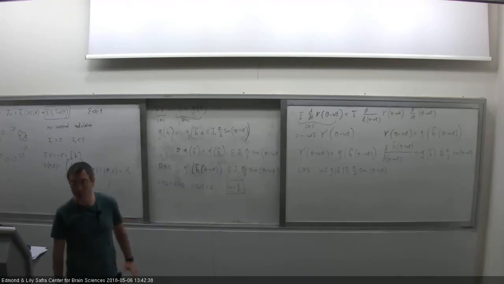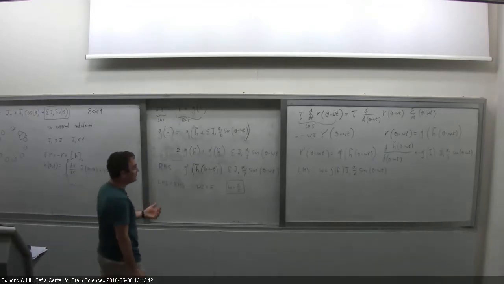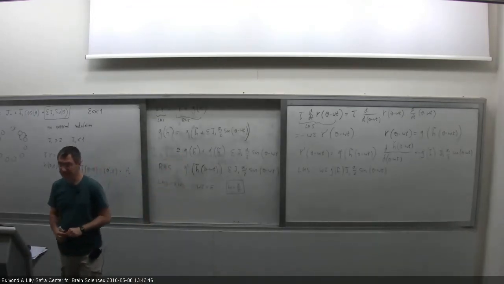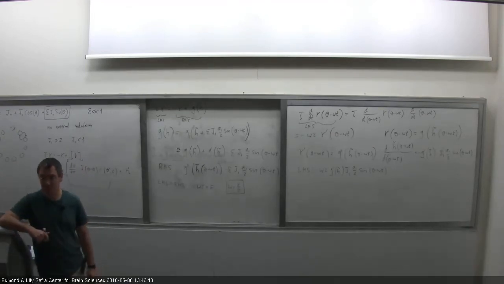This will be higher order terms in epsilon. When we did the Taylor expansion, we only took first order terms. The change in the shape of the bump will be a second order correction. It will affect the speed as a second order correction in epsilon.